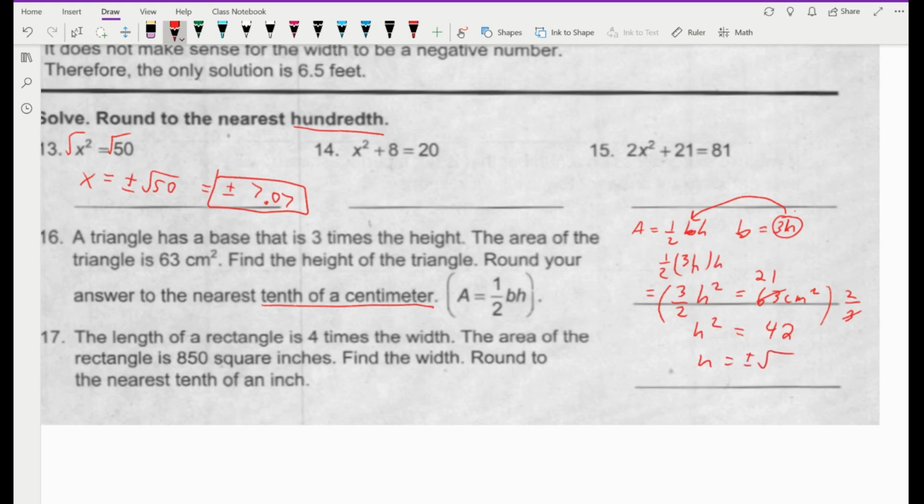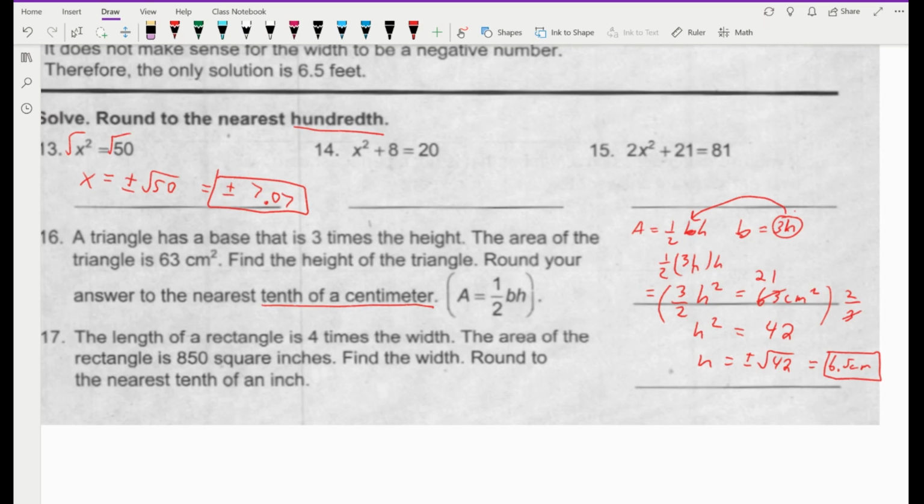Really, it's plus or minus the square root of 42. And the square root of 42 is about 6.5 centimeters. Now, we can't write it as a negative, because if I plug it back in, we can't have a negative height of a triangle. So we just found out that the height is 6.5 centimeters. And that is the answer for number 16.